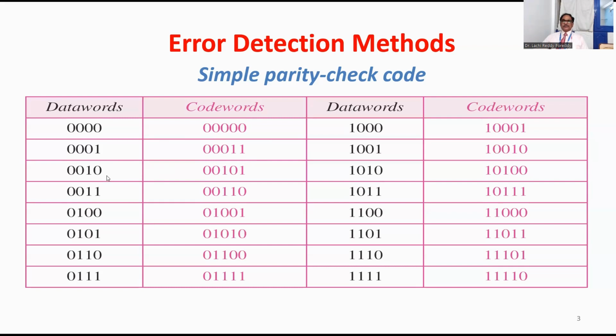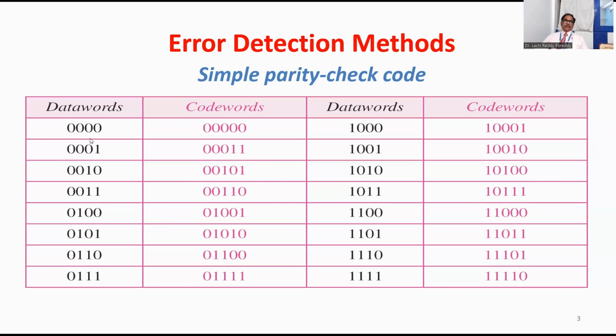The third message, 0010, again a single one is there, an odd number of ones. So the parity bit that we are going to add is 1 to make the total even. The next message, 0011. Already an even number of ones are there, so the parity bit that we are going to append is 0.